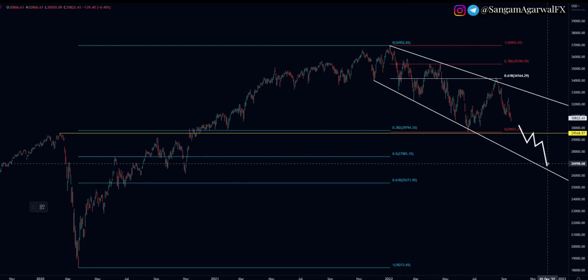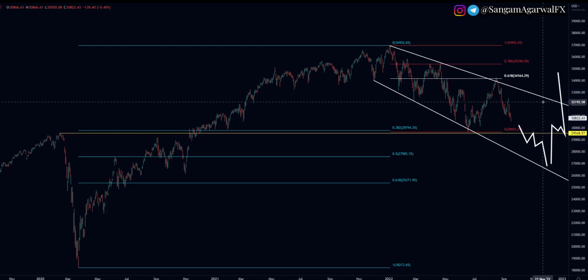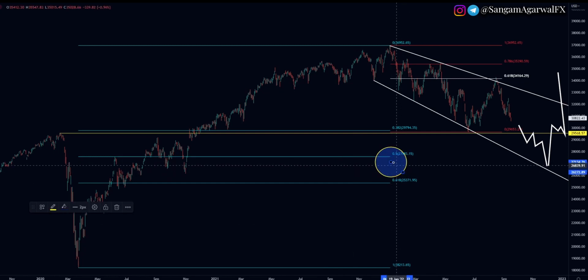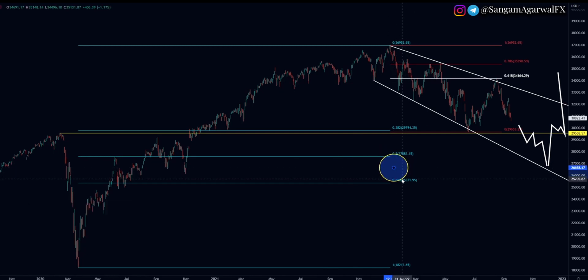Or after a downside correction, since these are corrective waves, not impulsive, if it goes up again and breaks this horizontal resistance, then we will buy the retest and target this high. But this lower trend line and this 50 and 61% retracement level are targets for both seller and buyer.